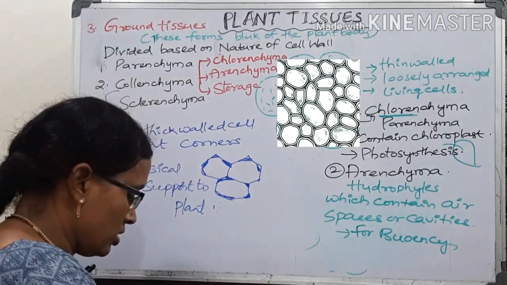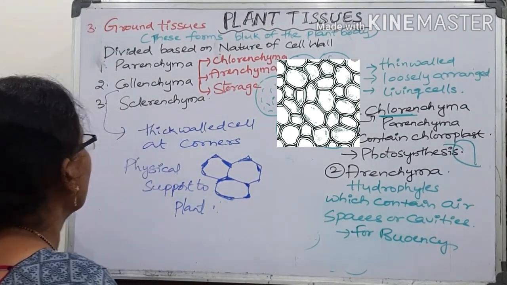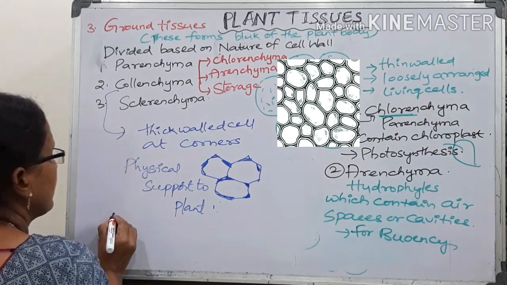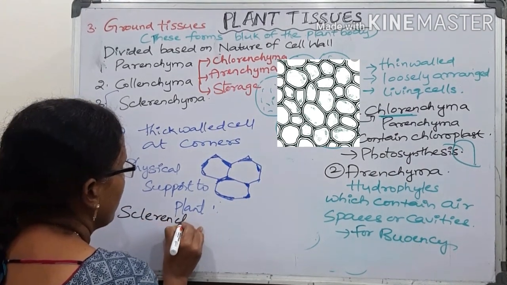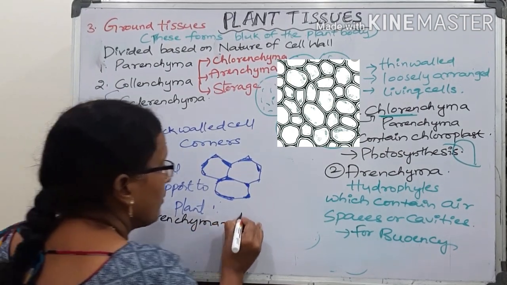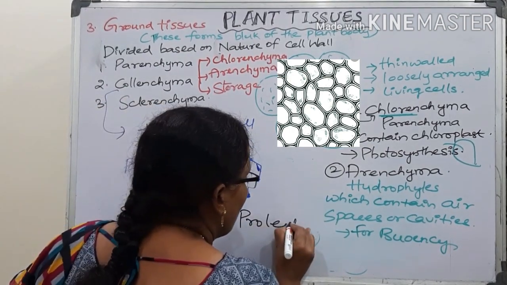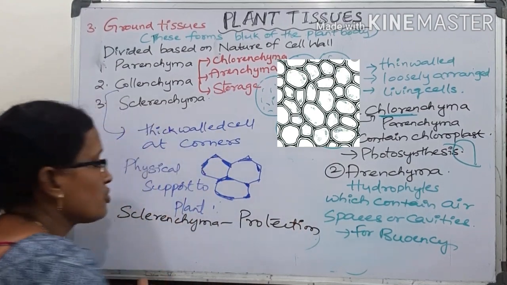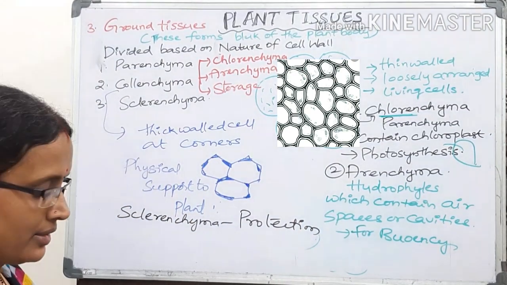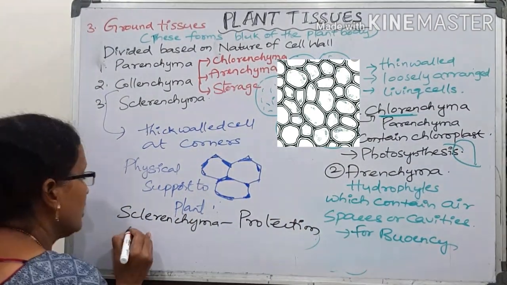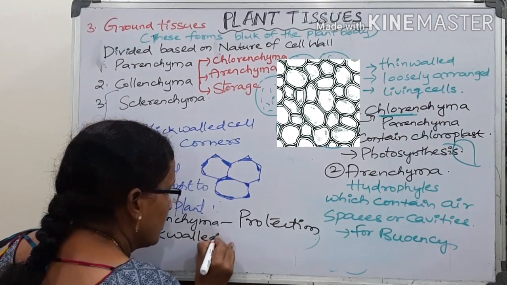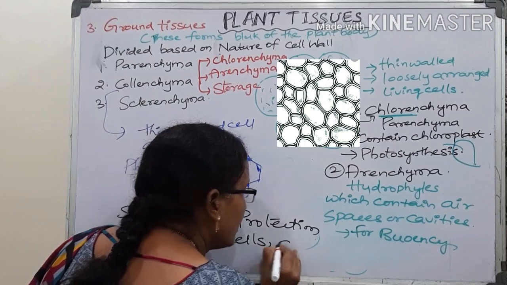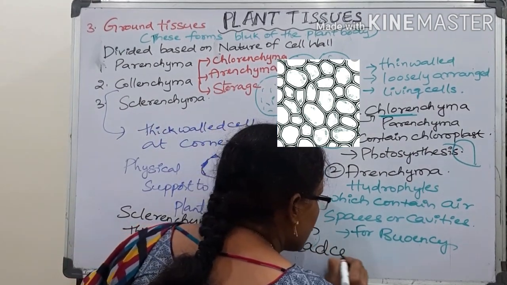The last layer is sclerenchyma. This is also for protection, and these are also thick walled cells, and dead cells.